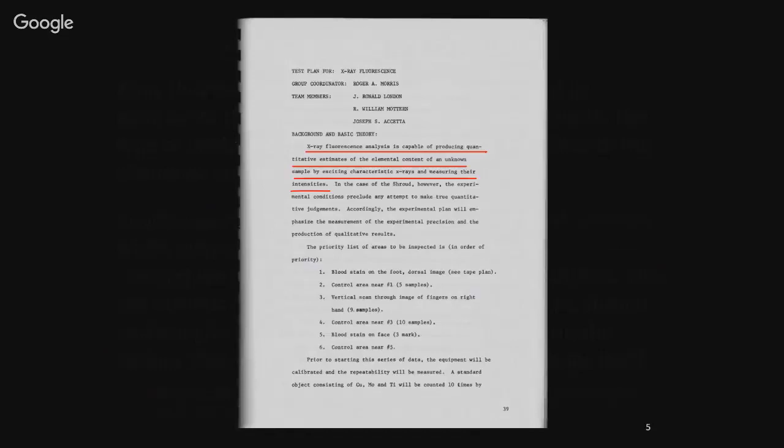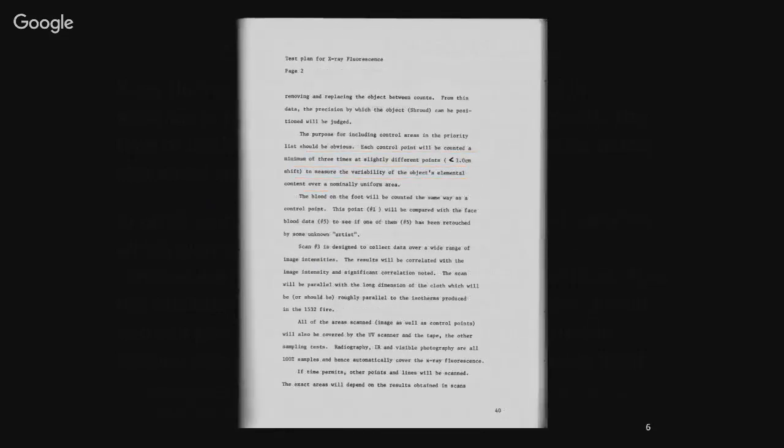A standard object consisting of certain elements was used and was counted 10 different times so that they could make sure that we were getting a consistent series of results. And from this data, the precision by which the shroud can be positioned will be judged.